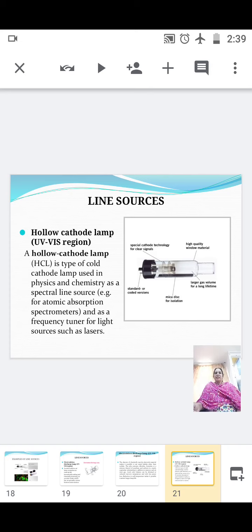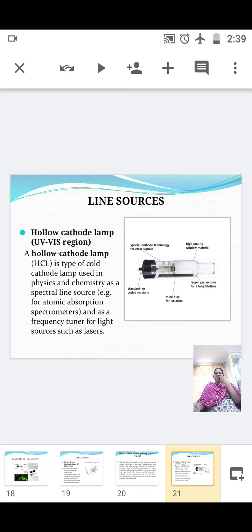Then coming to the next type of line source, the hollow cathode lamp, which is used in the UV and visible region. A hollow cathode lamp, HCL, is a type of cold cathode lamp which is used in physics and chemistry as a spectral line source.